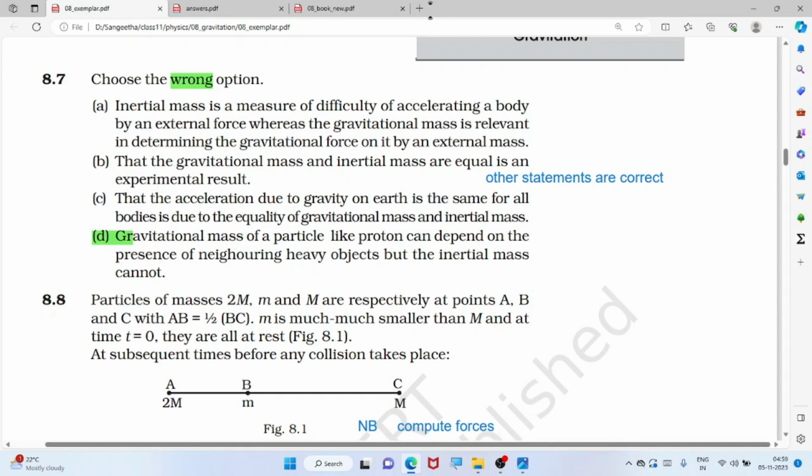The acceleration due to gravity on the earth is the same for all bodies, and this is due to the equality of gravitational mass and inertial mass.